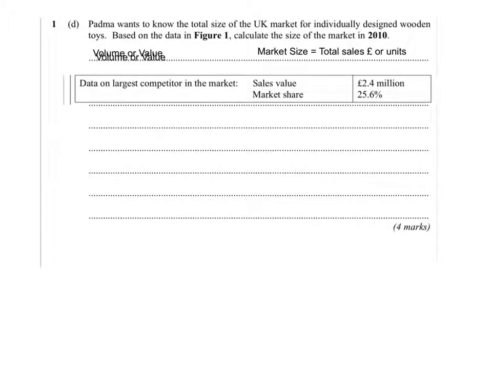So remember, we now need to find 1% of the total market. So we do this by dividing 2.4 million by 25.6. This answer will give us 1%, and therefore we must then multiply it by 100 to gain our final answer.